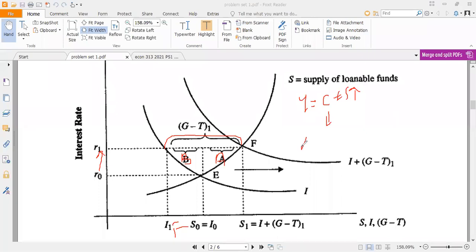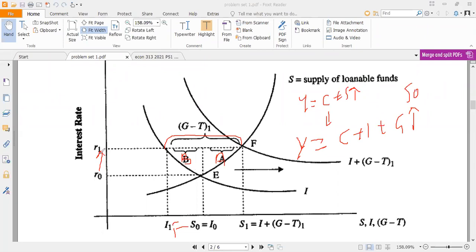So we know that our Y is the sum of consumption, investment, and then government spending. Initially, there was an increase in government spending, just assuming the effect on Y was 50.